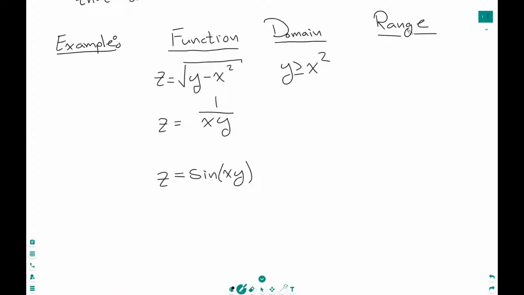For the range, it's all possible values where if inside my domain, I can get out of my function, right? So what z values can I possibly get given that this is my domain? Well, if y is equal to x squared, this is certainly 0, right? I shouldn't be able to get any negative numbers out of this, right? There's no values inside this radical that will give me a negative or purely real negative number.